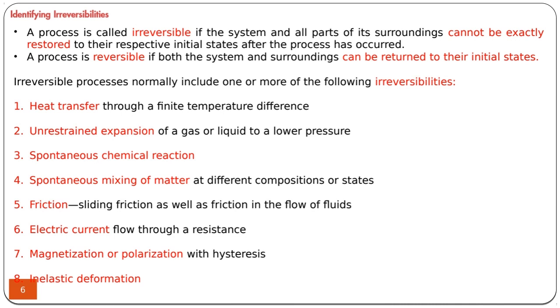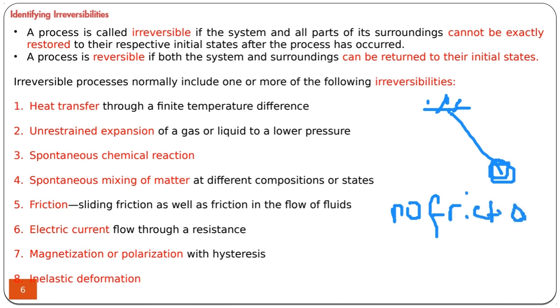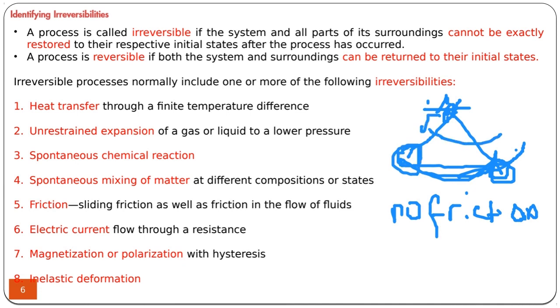For instance, think about a pendulum, a frictionless pendulum. In this frictionless pendulum, if there is no friction between the pendulum and the air, and if there is no friction at this location, the motion of this pendulum will be indefinite, so it will move back and forth indefinitely.